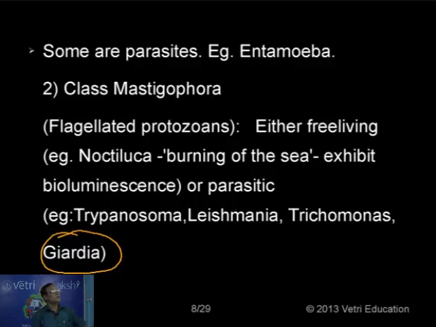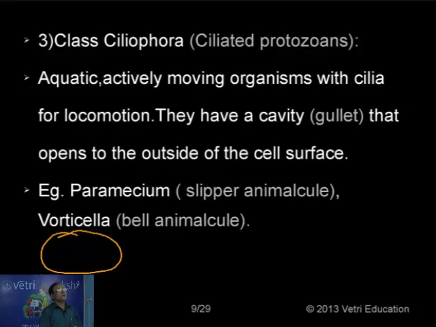We also have one organism which acts as a symbiotic organism. One flagellate protozoan, namely Trichonympha, is a symbiotic organism living in the body of white ants, that is termites.